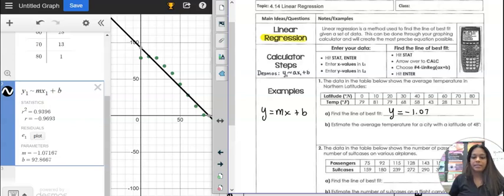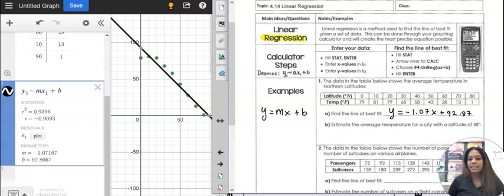I'm going to round it to the nearest tenth. x plus b, plus 92. That's a good guess for me. I said 90. 92.87. There's my line of best fit. Sometimes we call the line of best fit a prediction equation because it helps us to predict other values that are not on my table.